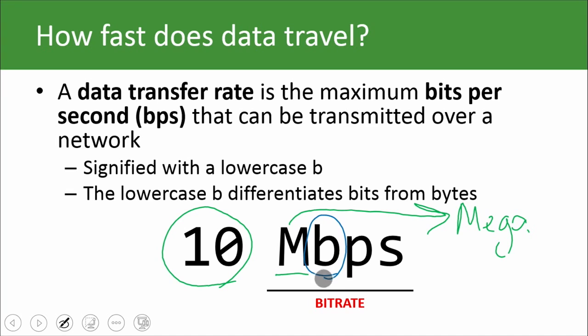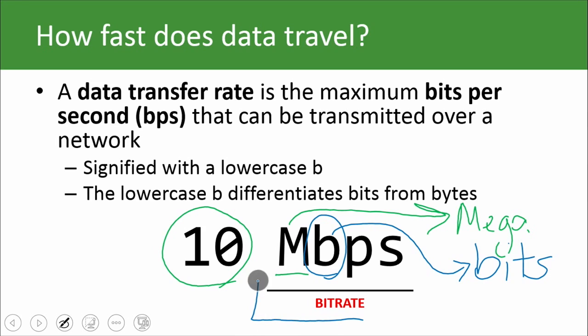This lowercase b is a little bit different from the type of data that we store. It represents bits, right? Not to be confused with a capital B, which would represent bytes. This whole construct down here is called the bit rate, and we use that to measure how fast data transfers over a network.